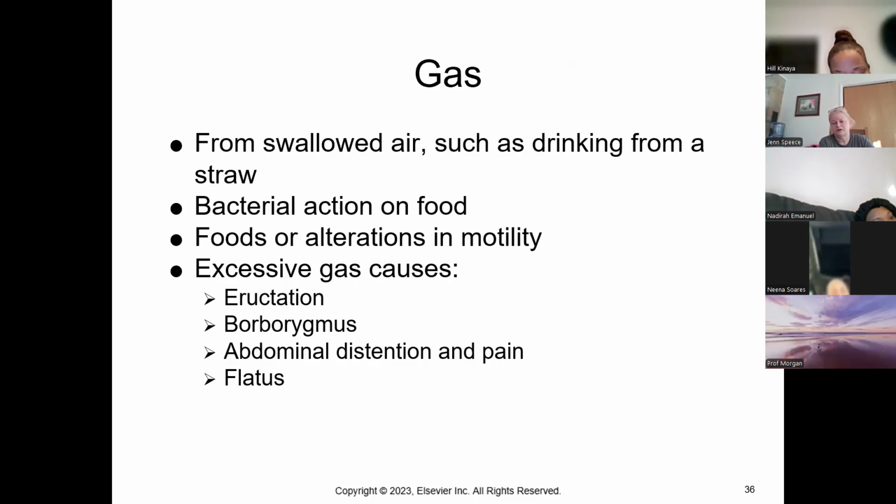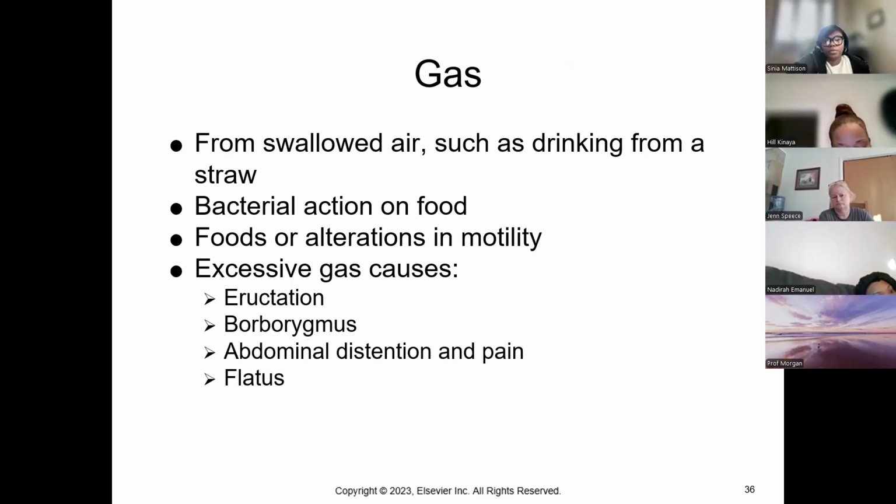Gas develops normally when we swallow air, and also from digestive and bacterial action on the foods that we eat. Certain foods or alterations in motility can promote gas production. Excessive gas will manifest itself as belching, or expulsion through the mouth, abdominal distension and discomfort, or flatus, expulsion through the anus.